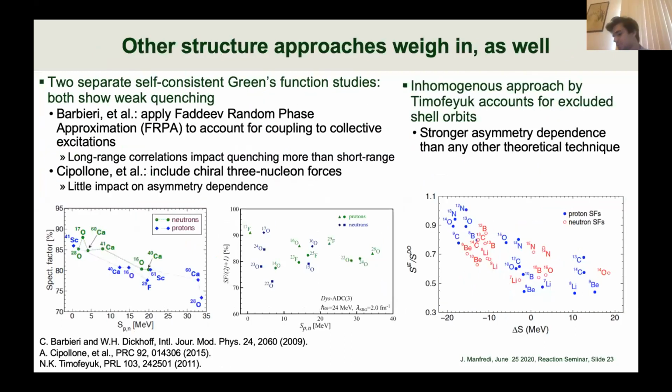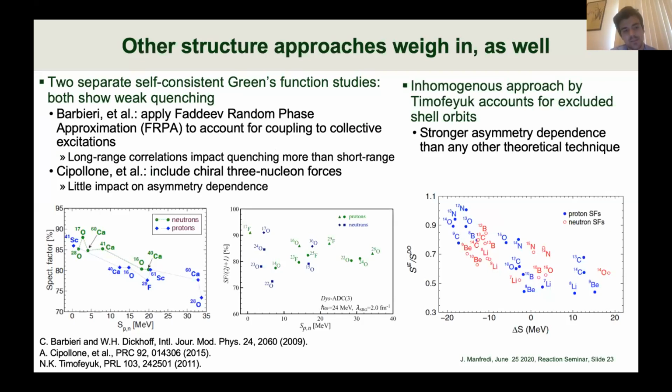There's even more structure approaches as well. So there's two different self-consistent Green's function, or SCGF, approaches that both show weak quenching. One is by Barbieri and collaborators that account for coupling to collective excitations. And they argue that the long range correlations are more important to this asymmetry dependence than short range. But again, they are showing a weak asymmetry dependence.